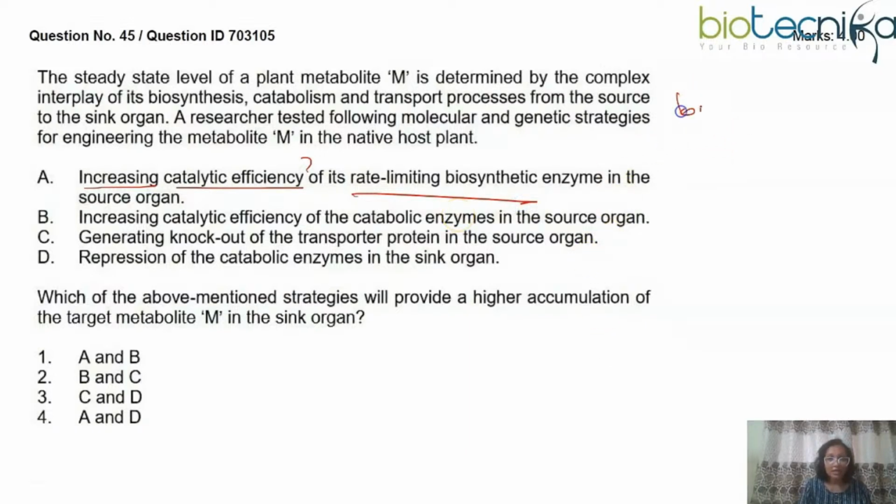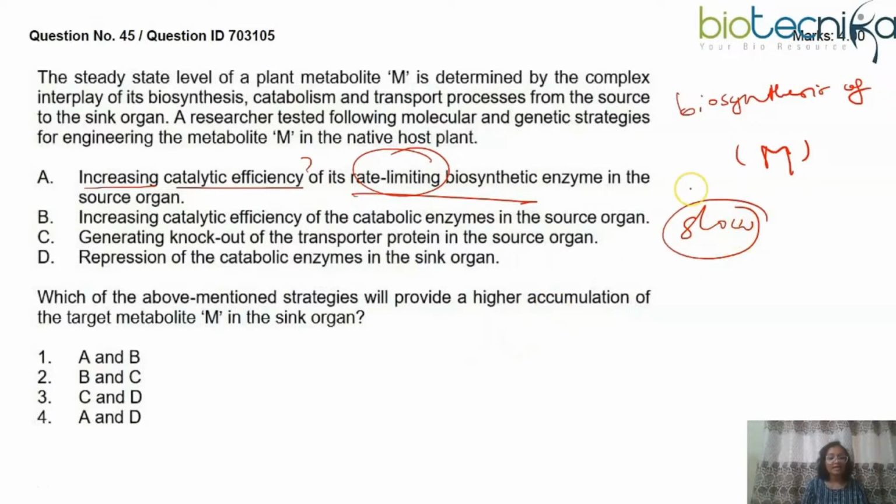That means in the process of biosynthesis of this metabolite M, there is one enzyme which is a rate limiting enzyme. And usually how do you define a rate limiting enzyme or a rate limiting step? It's a slow process. That enzyme is a slow enzyme. Its catalytic activity is super duper slow. So if the researcher increases the catalytic efficiency of that enzyme, in very simple terms, if the researcher makes that enzyme fast, what will happen?